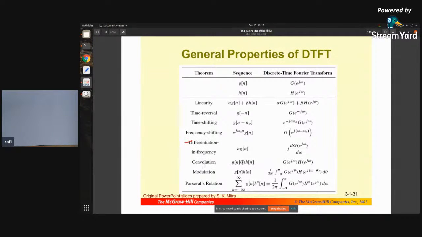So next one is the differentiation in frequency property.